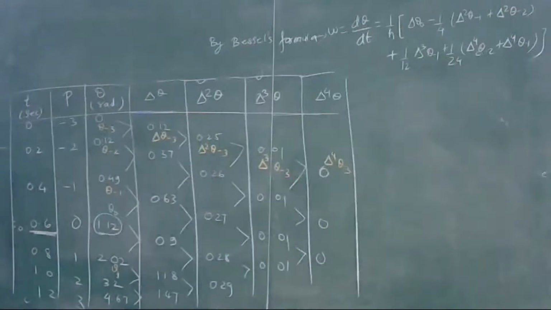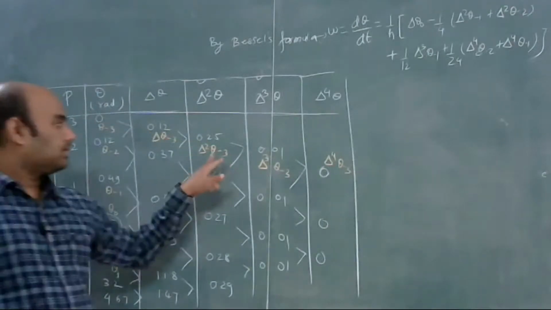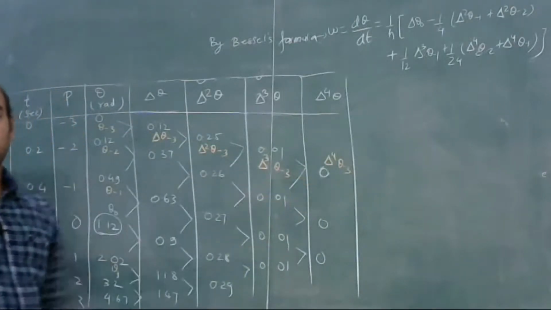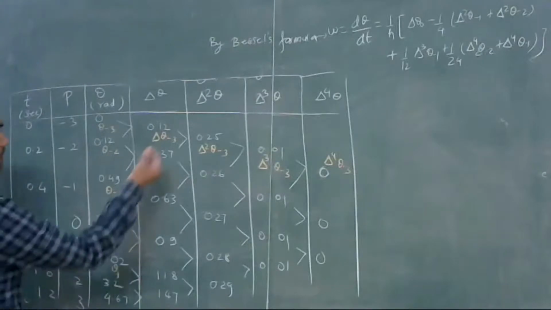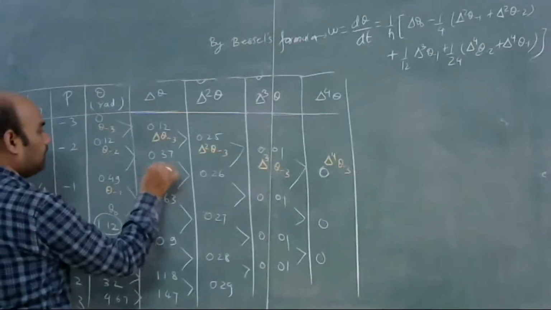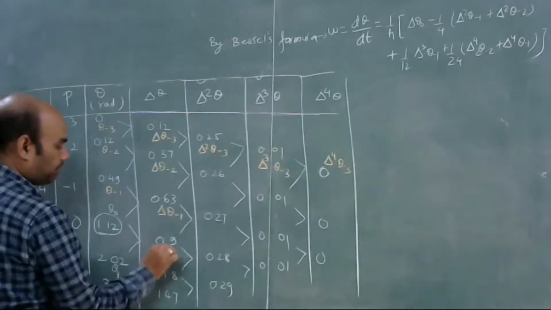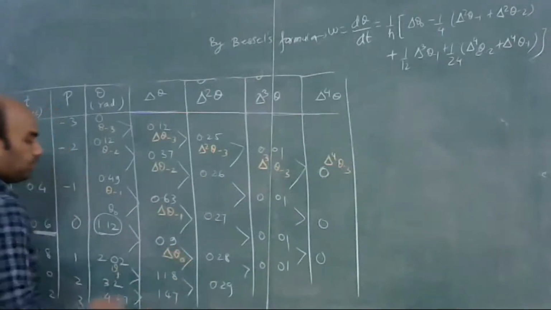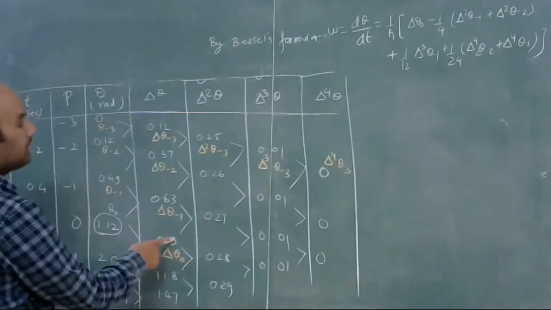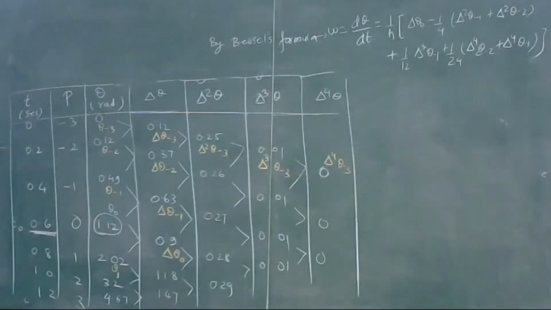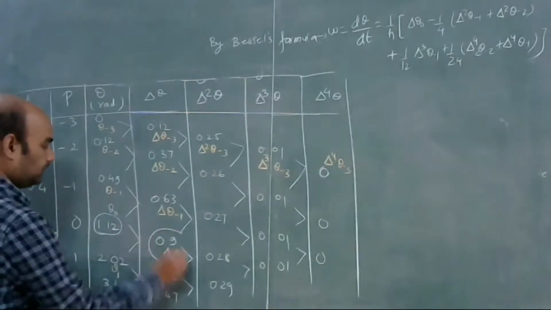So the first term of the difference will be theta minus 3. Now this will be del theta minus 2, del theta minus 1, del theta 0. So del theta 0 is 0.9.